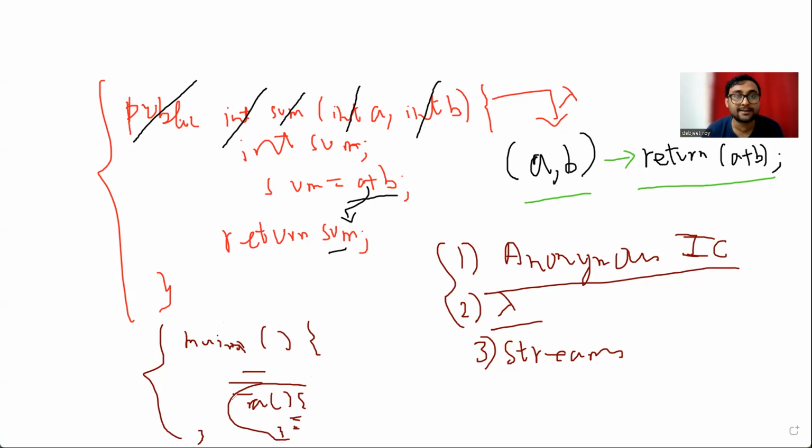Apart from calling any other method, you can't create a separate method within a method. So this is not possible in Java. With the help of anonymous inner class, we can make use of a separate method within the method. That is possible.